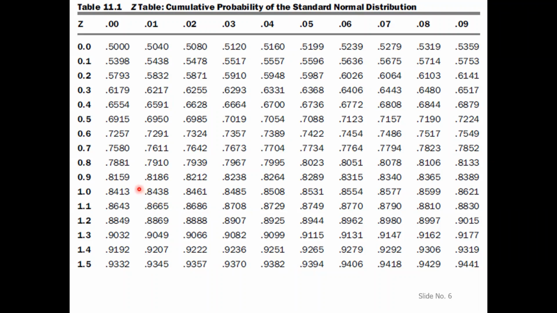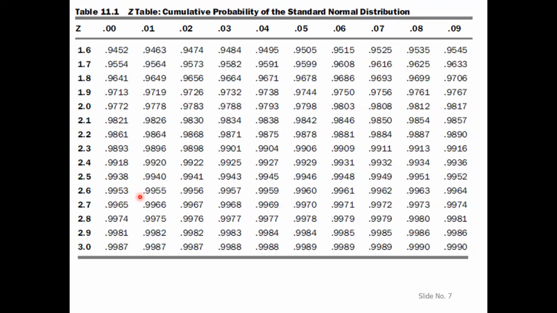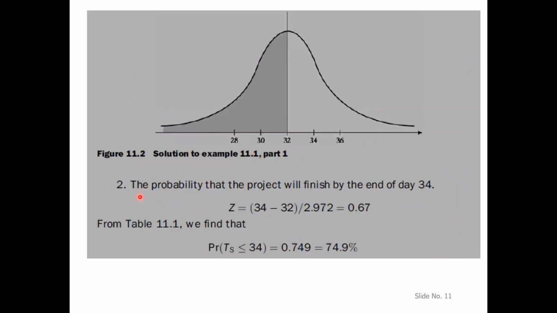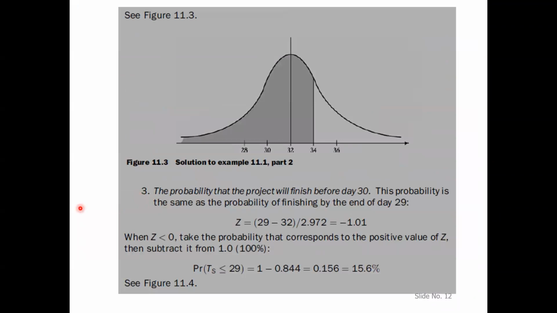subtract it from 1. That means 0.8438 you will subtract from 1 in this case, because to take care of this negative value, you read the value of z from this positive part and then subtract it from 1, and that will give you the answer.